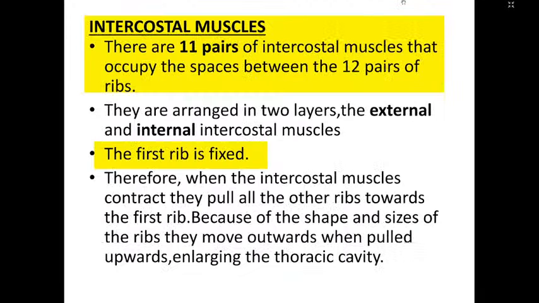There are around 11 pairs of intercostal muscles that occupy the space between the 12 pairs of ribs. So I hope you can imagine there are 12 ribs, the 12th is an incomplete rib, and there are 11 pairs of intercostal muscles. There is an external intercostal muscle layer and an internal intercostal muscle layer. The first rib is fixed.